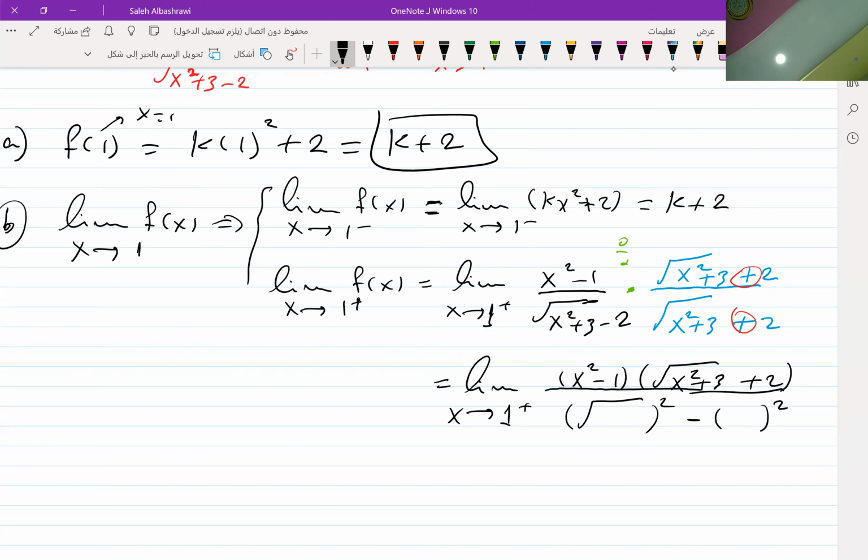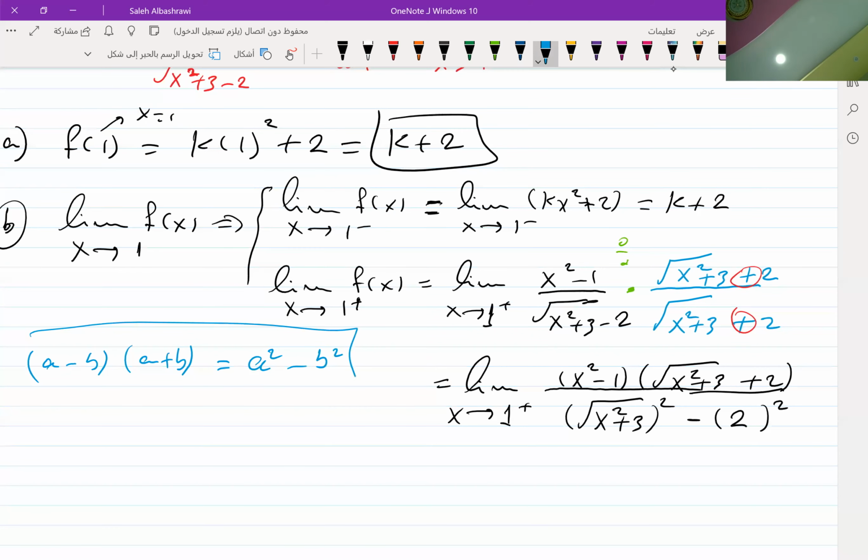That is square root of x squared plus 3, all squared, minus 2 squared. We are using the identity a minus b multiplied by a plus b is equal to a squared minus b squared. Just using this one.